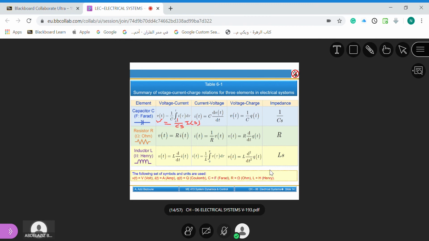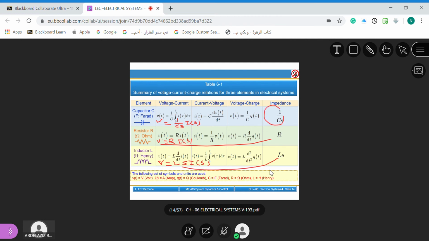Taking the Laplace transform here, V will be equal to R I of S, so R will be your impedance. And here V will be equal to LS I of S, so the impedance will be LS.